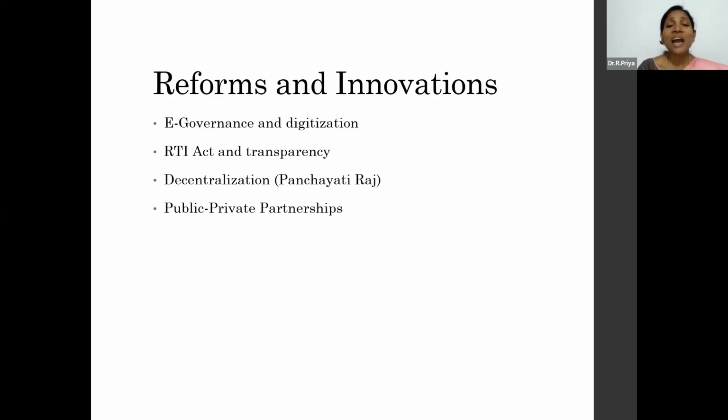India especially has introduced reforms and innovations that aim to make public administration more transparent, efficient, and citizen centric. First one is e-governance and Digital India: the use of technology to deliver government services online, faster, cheaper, and more transparent. It helps in reducing corruption and improving access in rural and remote areas.